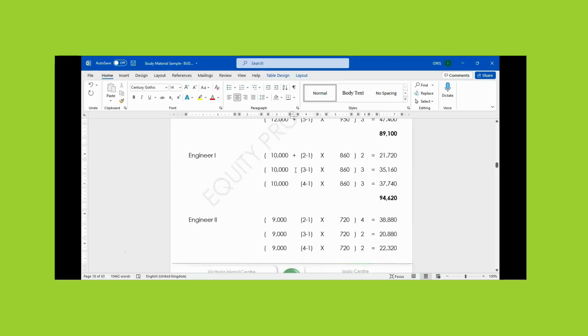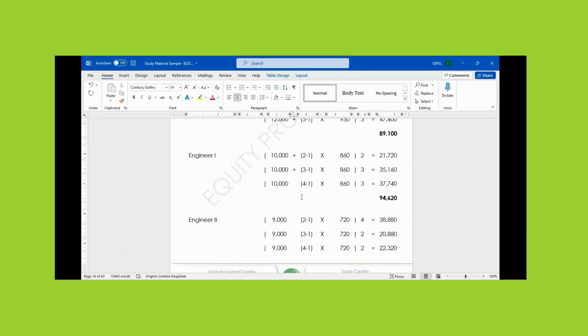We move to the second one. 10,000 plus 3 minus 1, that is 2, times 860, that is 1,720, plus 10,000 is 11,720. Times 3 is 35,160.